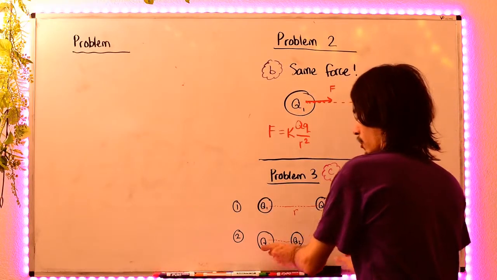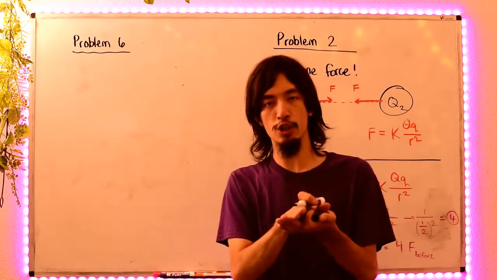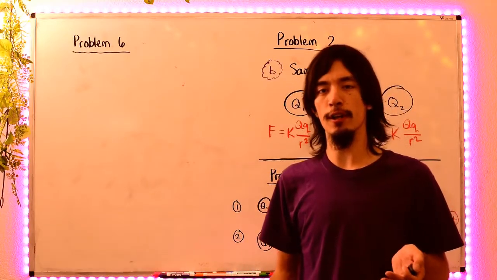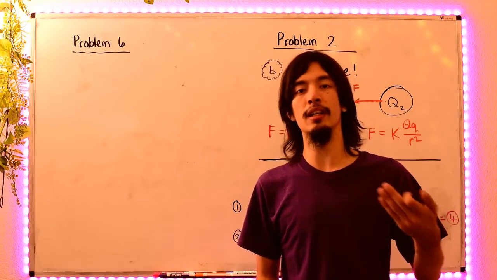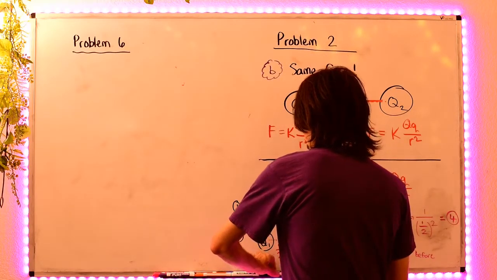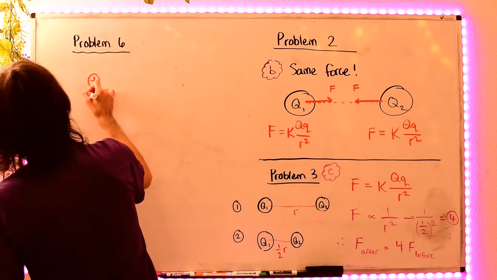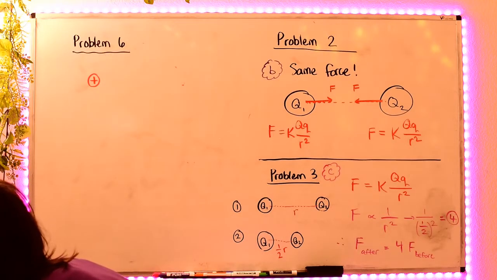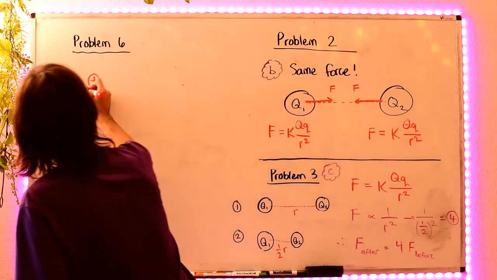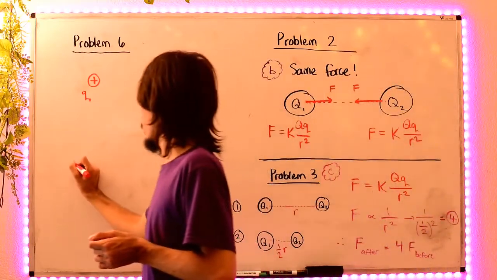Okay, so problem 6, we have information about both of the charges in the diagram. And we know that we put both of the charges inside of an external uniform electric field. So if here is your charge, let's just call this one Q1. We know its value precisely.